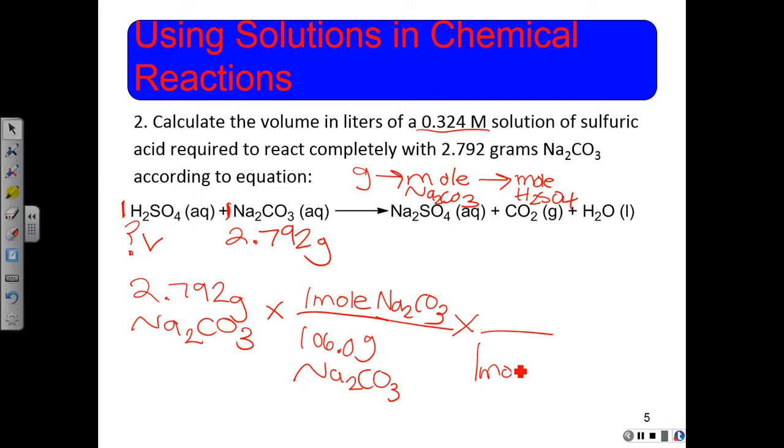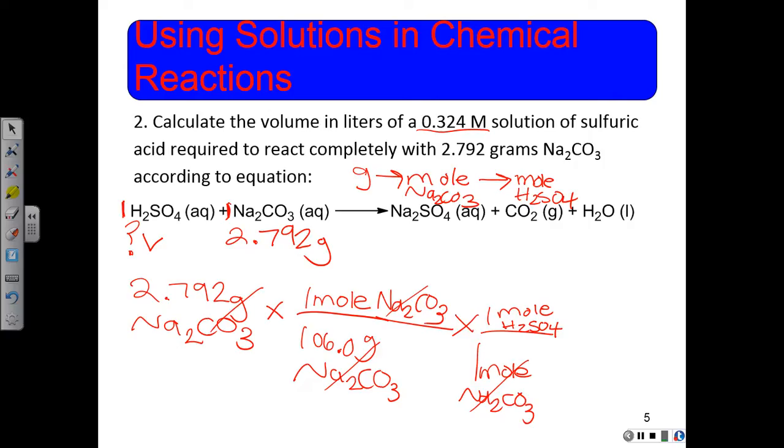So we have 1 mole sodium carbonate and 1 mole H2SO4. This is the only step where we could have had more than a 1-to-1 ratio. We could have had a 2-to-1, 3-to-2, whatever it might be. But we don't, because our ratio up there is 1-to-1 for everything. Grams cancel.